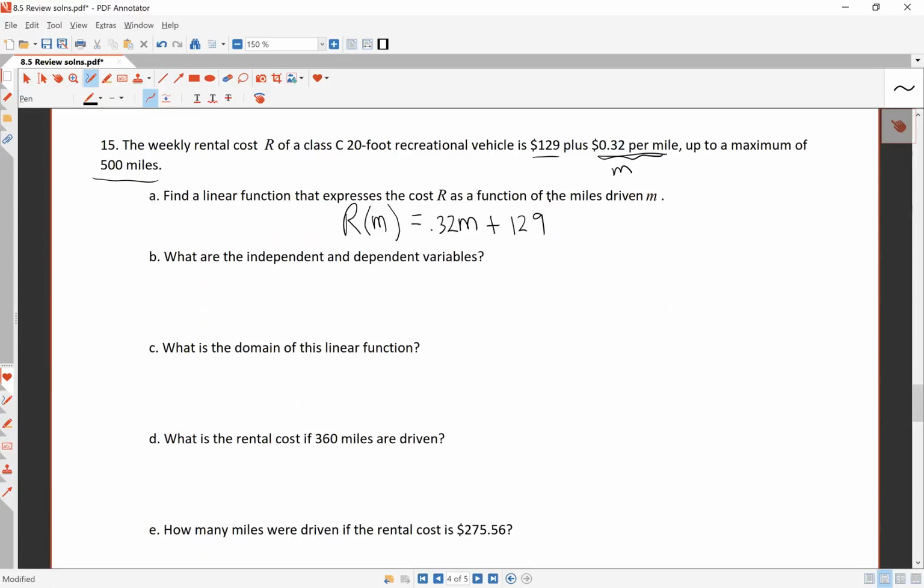The cost will depend on the number of miles driven. So the independent variable, always the variable inside, is the miles driven. The dependent variable is the cost, or let's call it the rental cost.